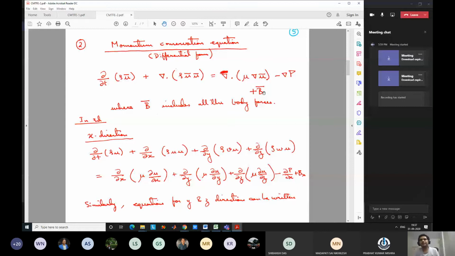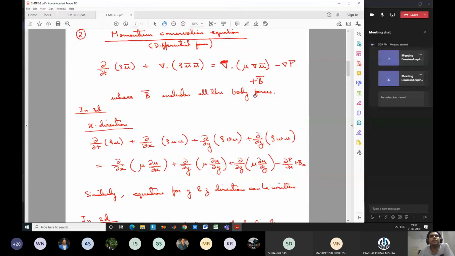Surface tension actually is a surface force, but while solving CFD problems, we generally change it to a body force sometimes. But centrifugal force is a body force. Electrostatic force or electromagnetic force, all these are body forces. And everything can be accumulated in this term, in the standard format.